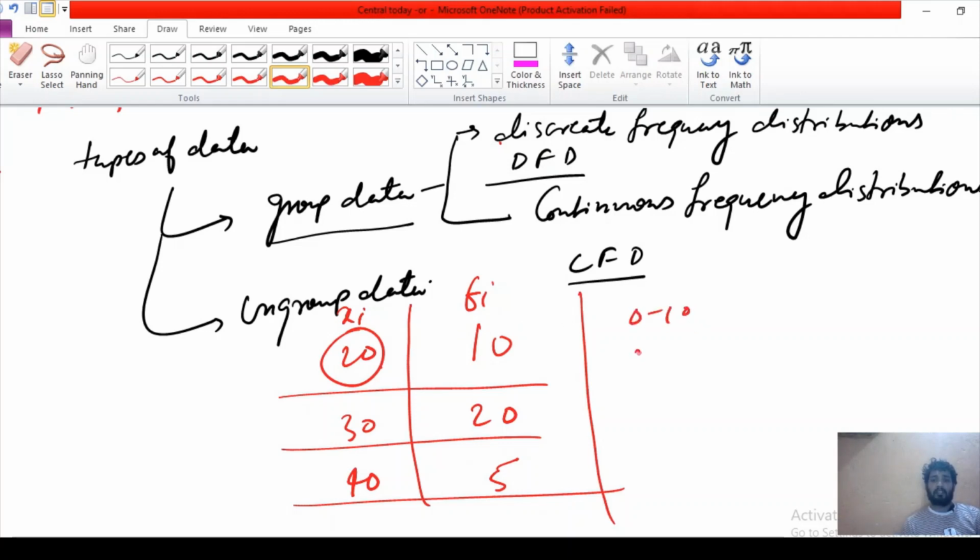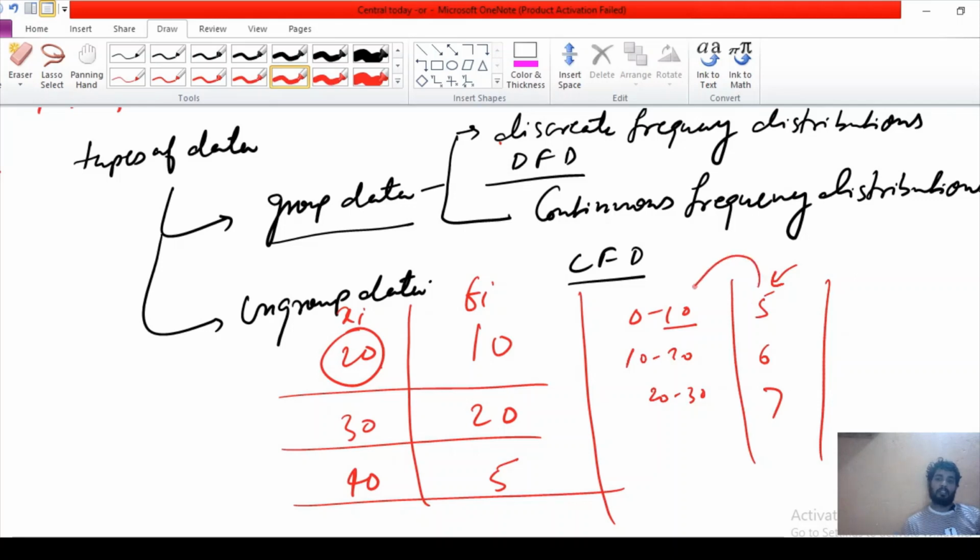And for a continuous distribution, 0 to 10, 10 to 30, this is not a continuous distribution because here is 10 and here is 20. So we write 0 to 10, 10 to 20, 20 to 30, and frequencies 5, 6, 7. There are 7 persons with marks between 0 to 10, and there are 6 persons who have marks between 10 to 20.